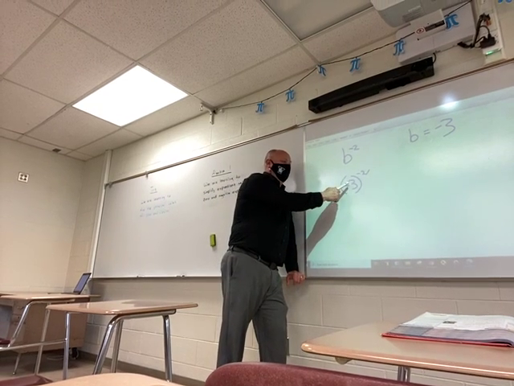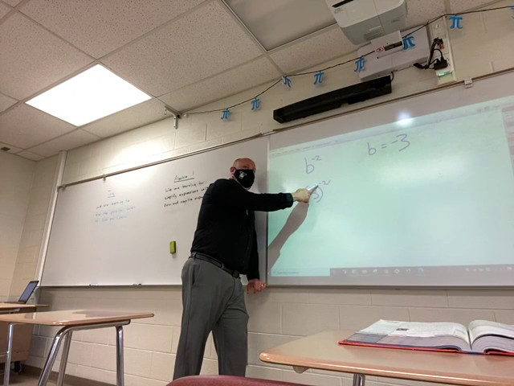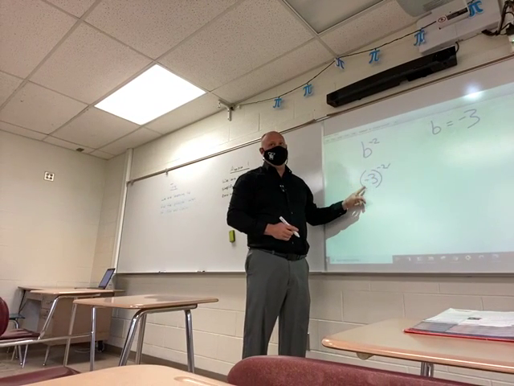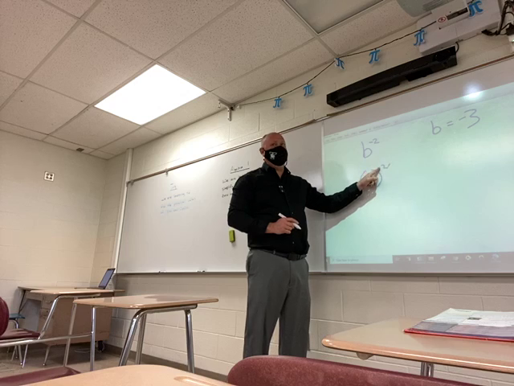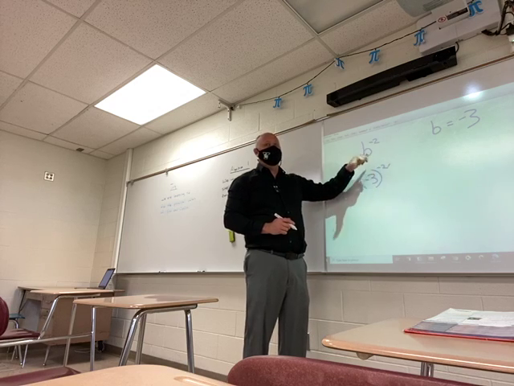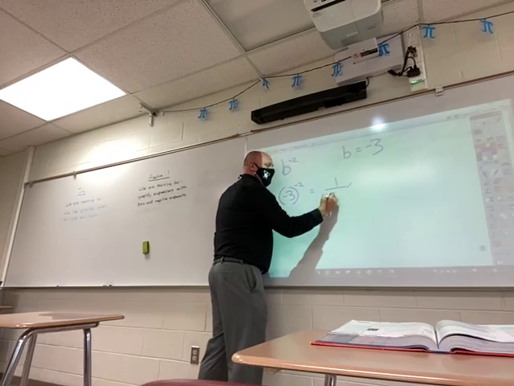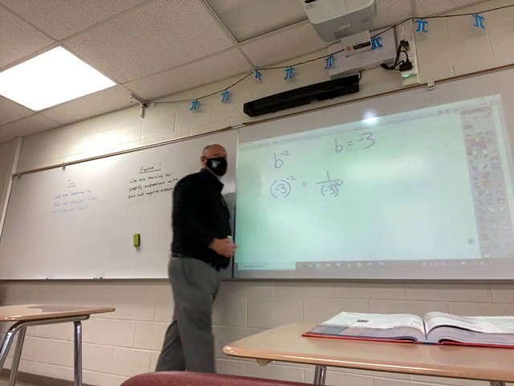So, what do I do with this negative exponent? Do these negatives cancel? No. They mean different things. The negative exponent means I should flip it, which means it's 1 over negative 3 to the positive 2 power.